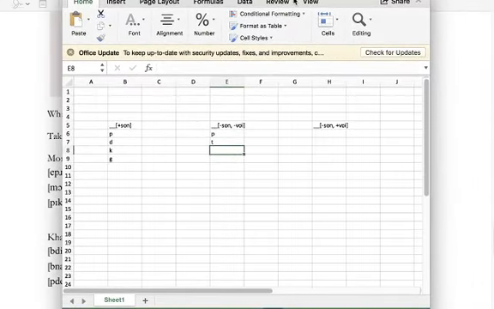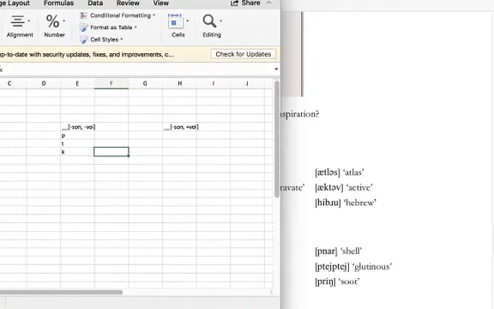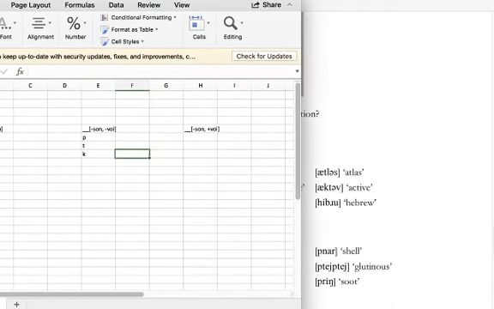So again, before a voiceless obstruent S, we have a voiceless stop K. What else do we have here? Atlas. So that's before a sonorant. We have a voiceless stop. Active. Before a voiceless obstruent, we have a voiceless stop, and we already have that listed here. Hebrew. So before the sonorant R, we have a voiced B.